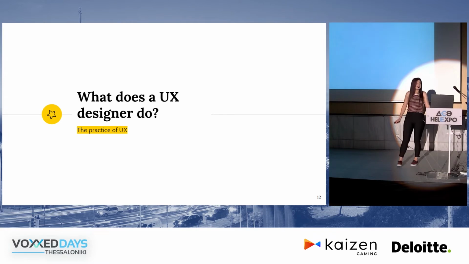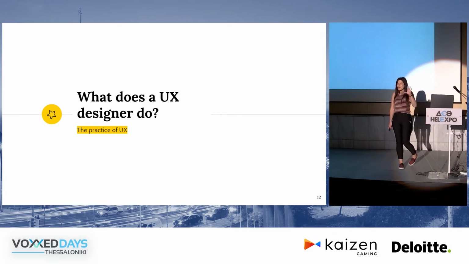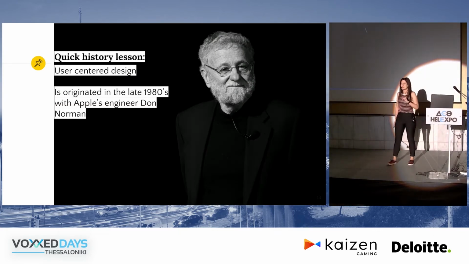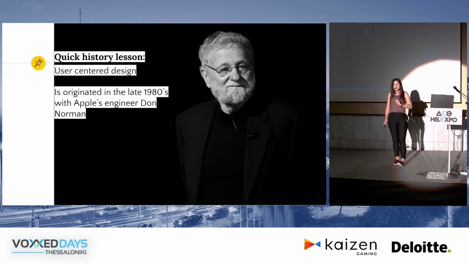Okay, so what does a UX designer do? We will continue with some more theory, and then I will answer that question. So we have here this gentleman, which is Don Norman. Don Norman is the pioneer of UX. Why, you may ask?